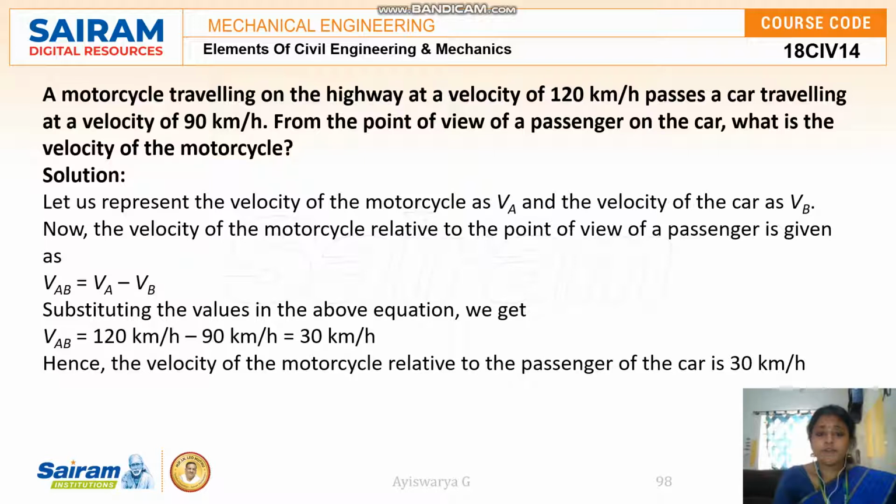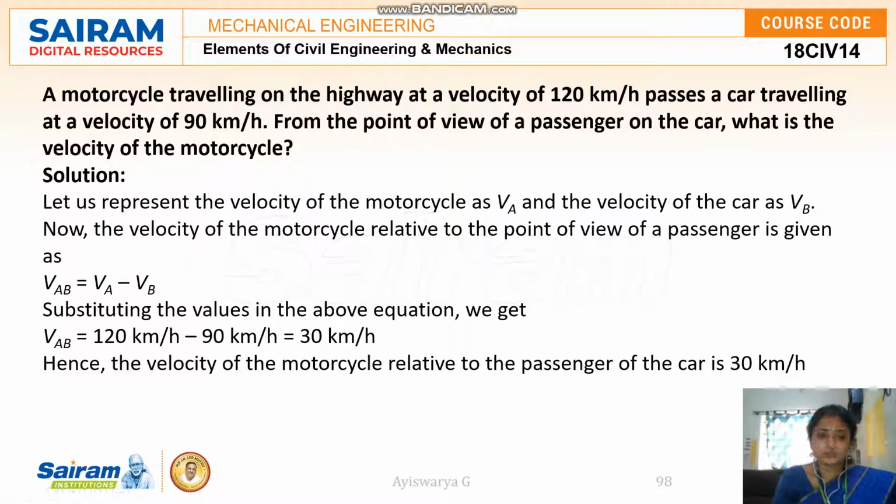From the point of view of a passenger on the car, what is the velocity of the motorcycle? So we shall see how to calculate the velocity of the motorcycle. So let us represent the velocity of the motorcycle as VA and the velocity of the car as VB. Okay. Now the velocity of the motorcycle relative to the point of view of the passenger is given by VAB is equal to VA minus VB. Right.